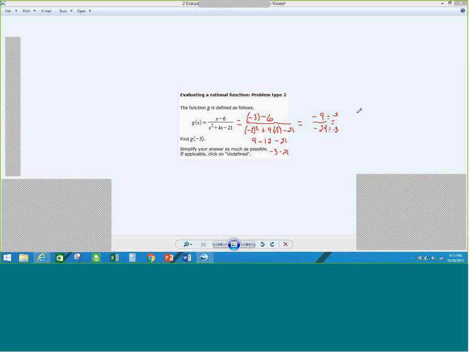Negative 9 divided by negative 3 is just 3, and negative 24 divided by negative 3 is just 8. So we end up with a positive 3/8 this time, right? Because negative divided by negative is positive. Is that what you got? Good. We'll move on.